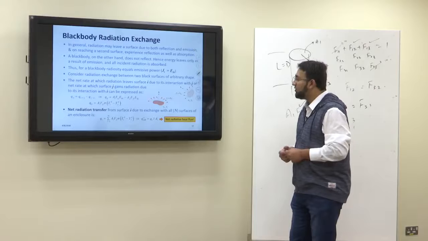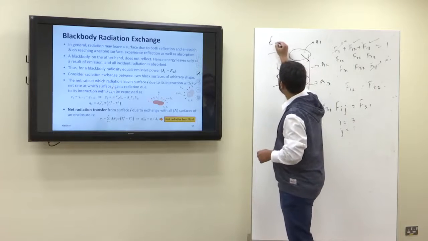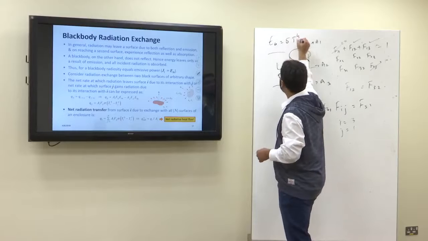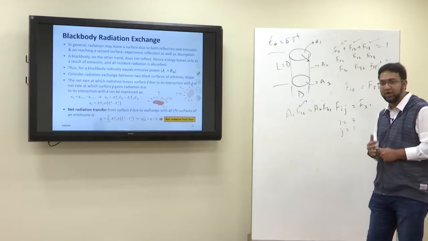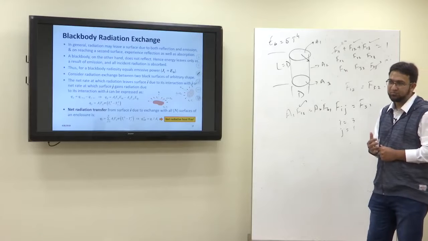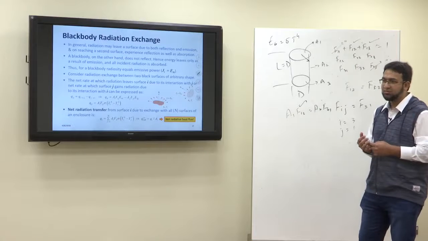So if we know the emission of a black body is sigma T power 4, just by knowing the temperature, we can know the emission. And then this emission will be the radiosity.